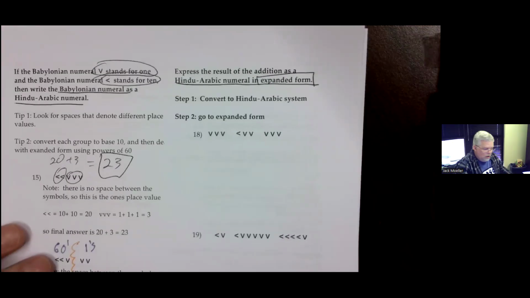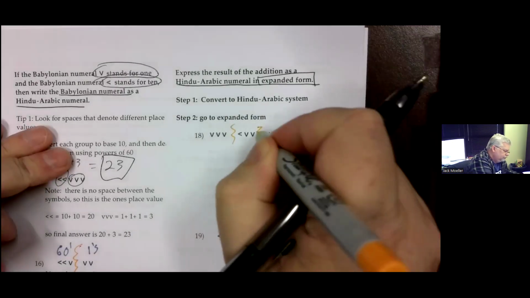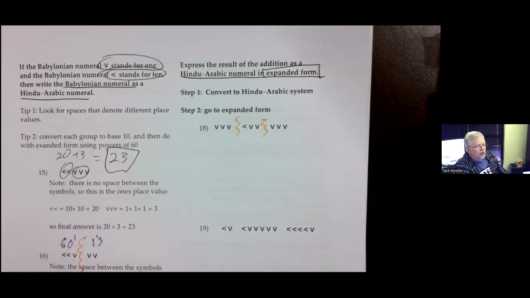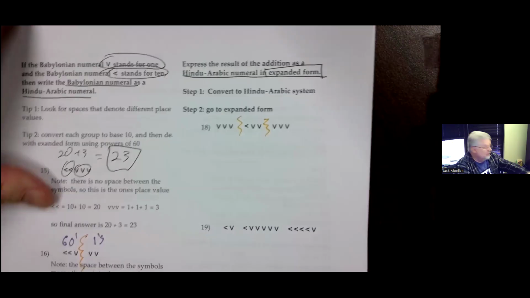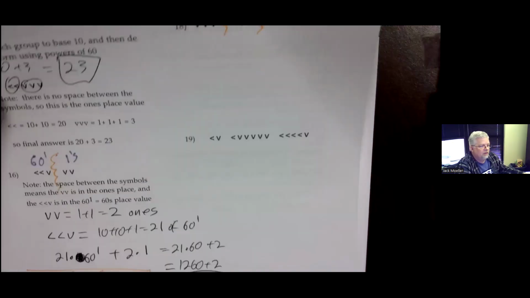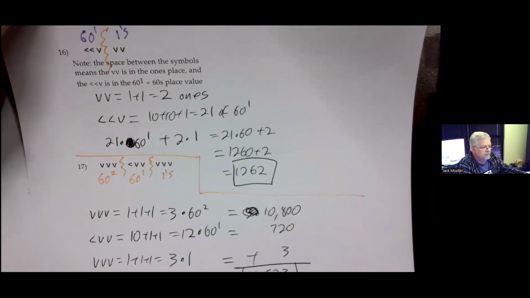Okay. All right, so let's look at 18. Now I'm going to cheat. Actually, I cheated when I wrote this problem. If you notice, 17 and 18, I can't get them on the camera at the same time, are the same Babylonian number.